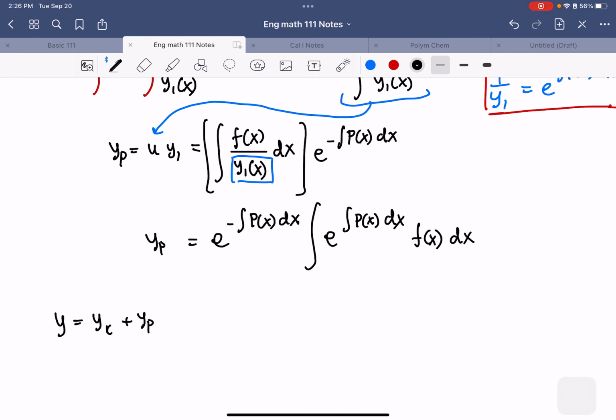Now the full solution will be yc plus yp. Yc, as in the previous sections, will be equal to c e to the negative integral px dx, and then plus e negative integral px dx and then the integration of e integral px dx f of x dx.